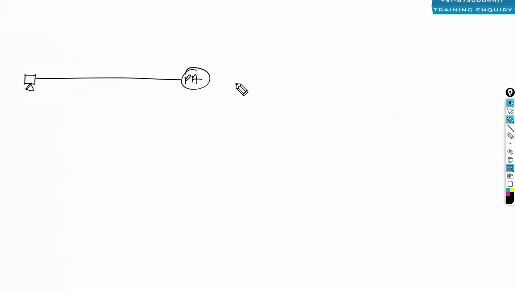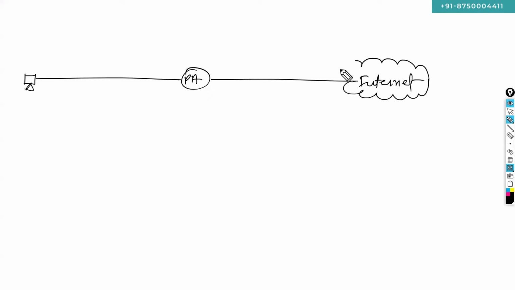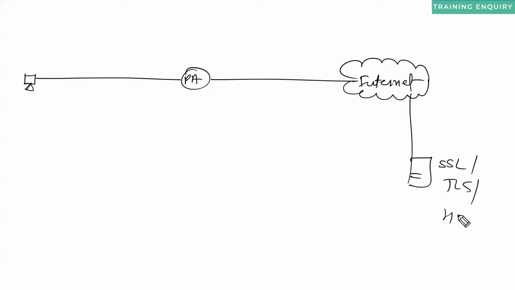Assume we have a network, and in that network we have a PC connected with a Palo Alto firewall. The Palo Alto firewall is connected with the internet, and on the internet we have a server. It can be an SSL or TLS server, or you can call it an HTTPS server.